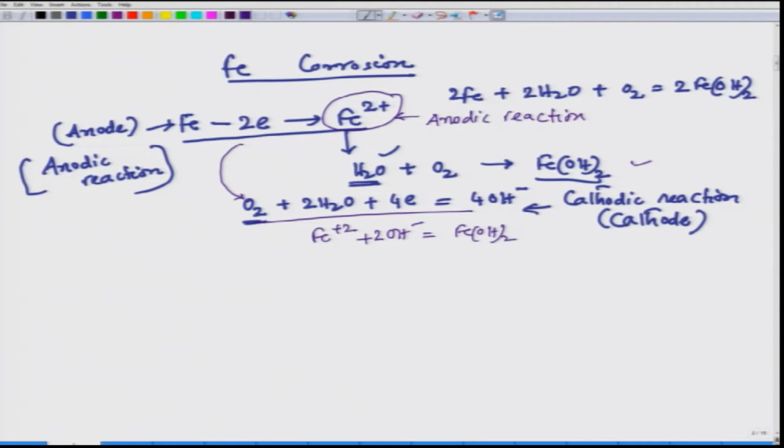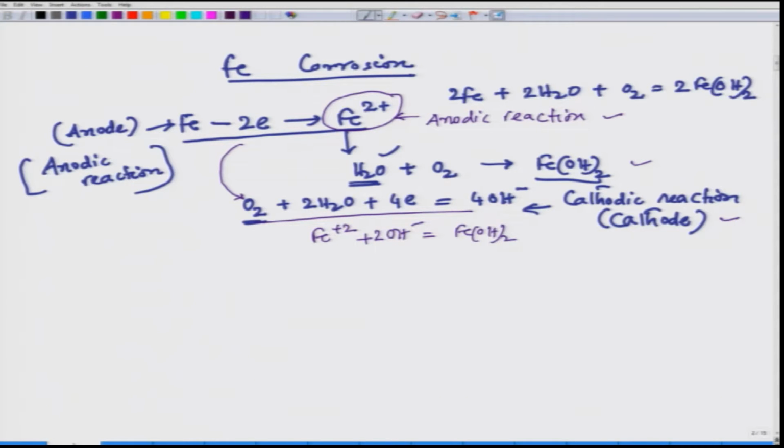Finally, this reaction is parallelly taking place. This is also electrochemical, because this is the anodic reaction, this is the cathodic reaction. This anodic reaction happens on the iron surface, iron corrodes, and the cathodic reaction also happens on the iron surface, which takes care of the electrons which are released by iron while forming ions. This is also electrochemistry.